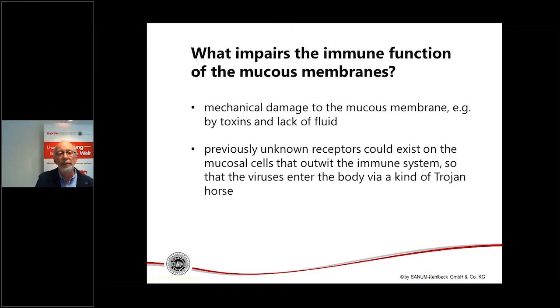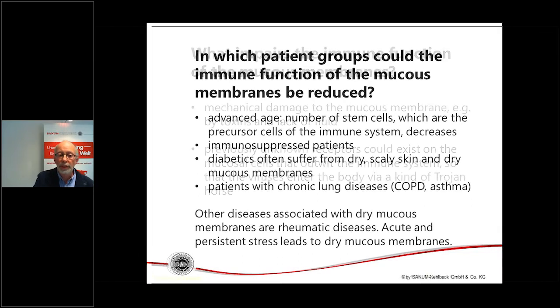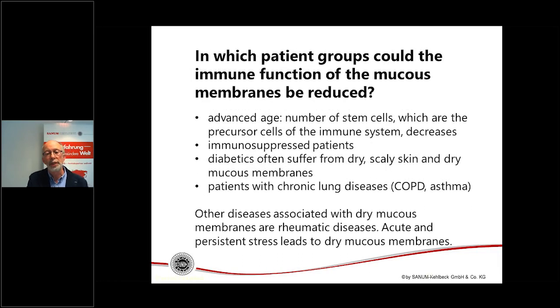Secondly, previously unknown receptors could exist on the mucosal cells that outwit the immune system, so that the viruses enter the body via a kind of Trojan horse. In which patient groups could the immune function of the mucous membranes be reduced?